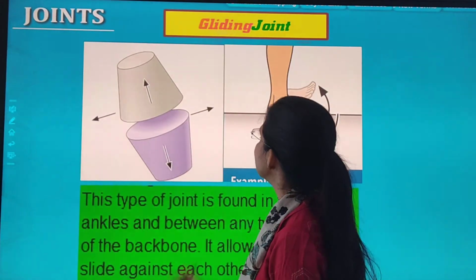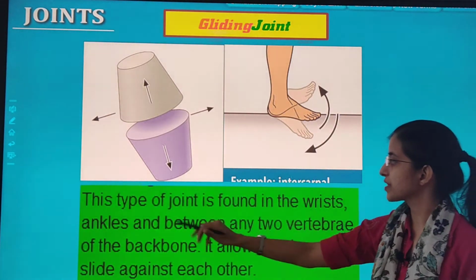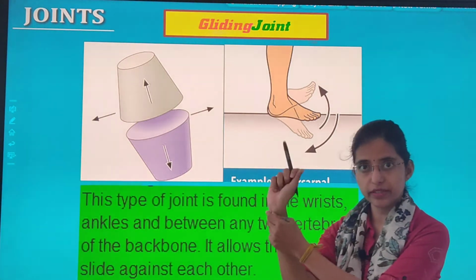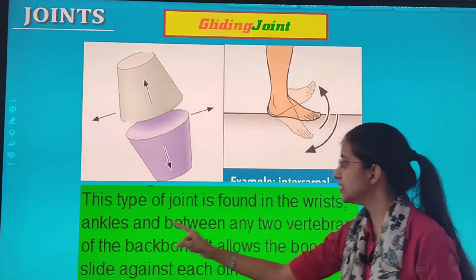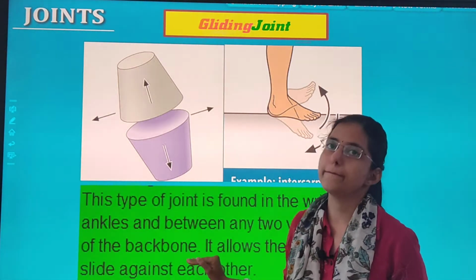Then the last joint is gliding joint. This type of joint is found in the wrist, ankles and between any two vertebrae of the backbone.